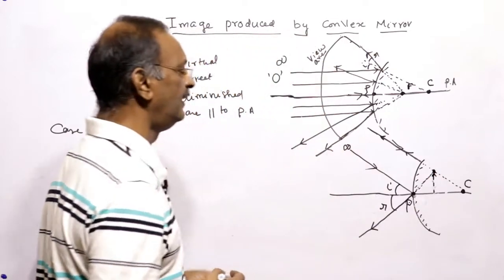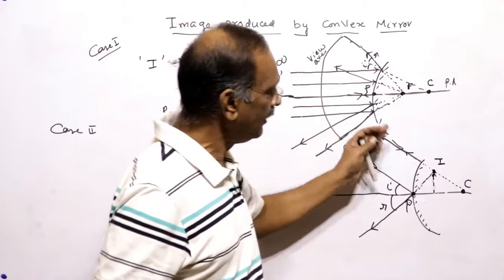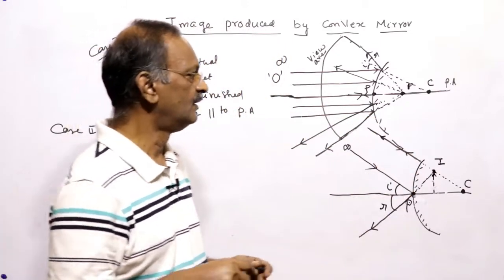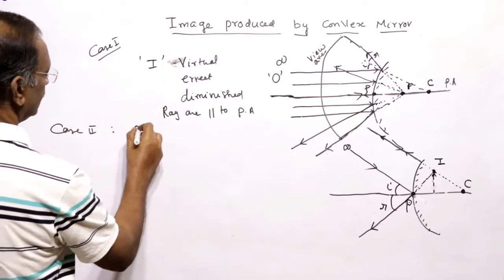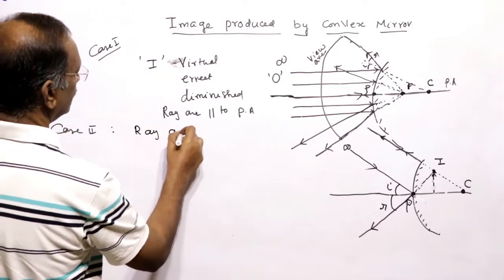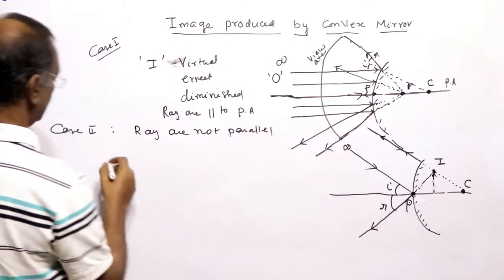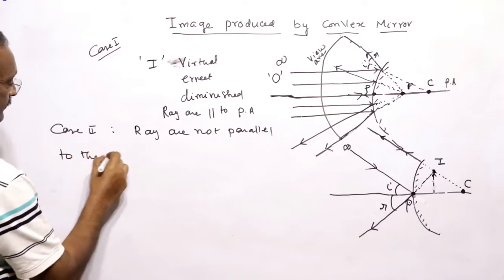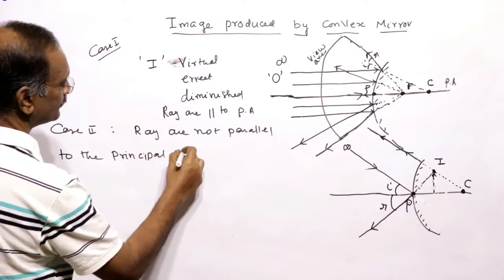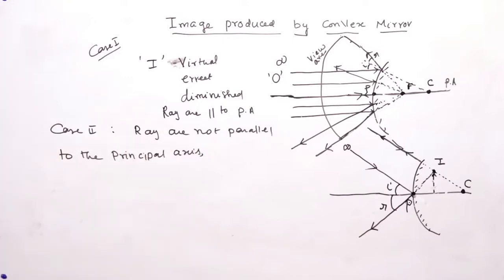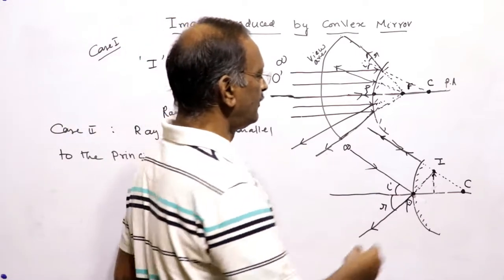So this is the image formed when the rays are falling in an oblique way. In case 2, when rays are not parallel to the principal axis, the rays appear to come from a point.